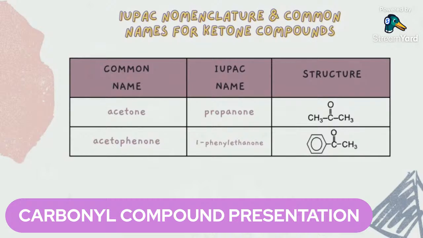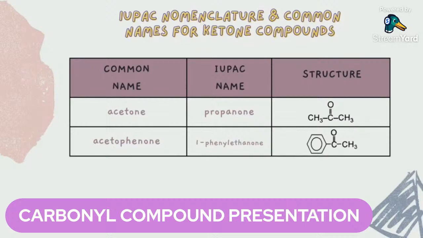Acetone here is the common name for propanone. Another IUPAC name we have is 1-phenylethanone, with a benzene ring attached to C=O CH3, and the common name is acetophenone. So we need to highlight these 2 common names.